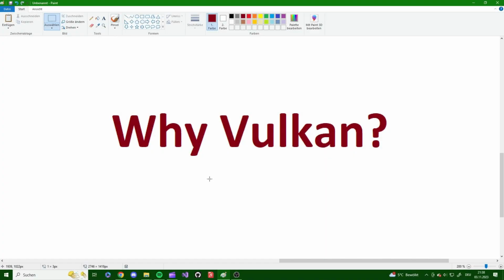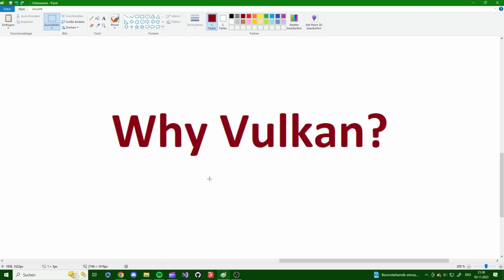And now, why Vulkan? Vulkan is a very difficult language because it's very low level. And because it's low level, you need a lot of code for it to run. For example, Vulkan needs over 1,000 lines to render a triangle. To render a whole picture or 3D model, you don't need many more lines, but just to initialize it, you need over 1,000 lines.